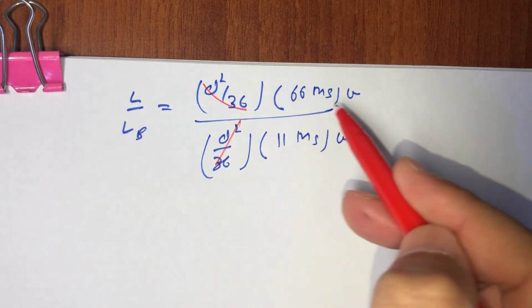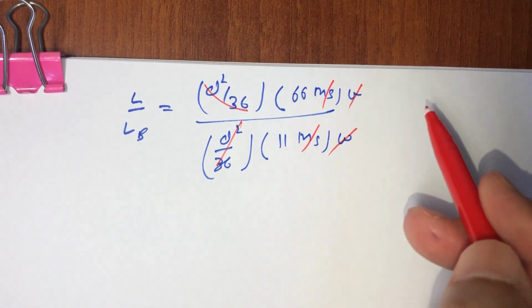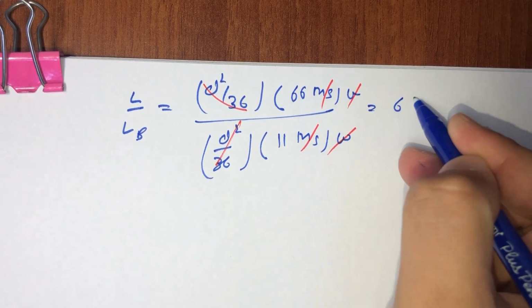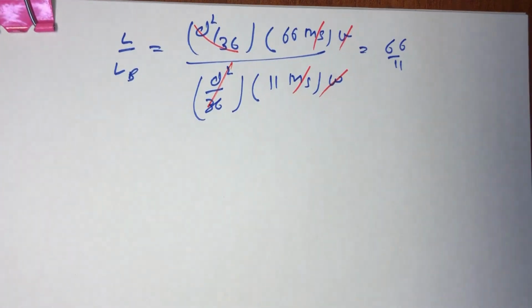So these terms cancel out, and this comes as 66 by 11.